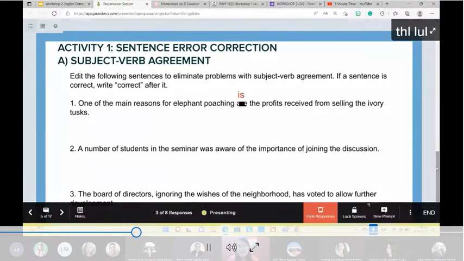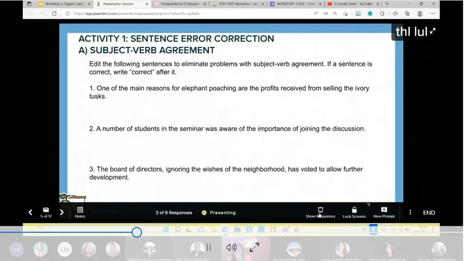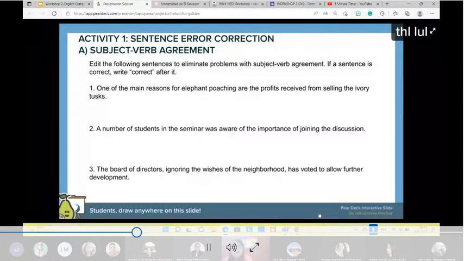Okay, let's see the second sentence. I'm going to hide responses. A number of students in the seminar was aware of the importance of joining the discussion. So, first thing, identifying who's the subject. Once you have the subject, you can check if the verb agrees in number.